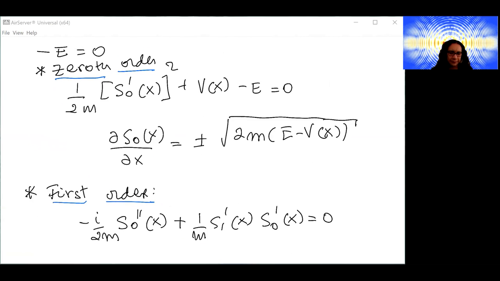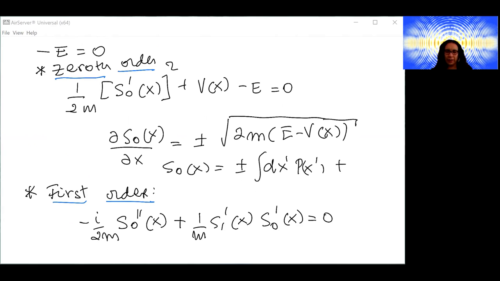And we know that this zeroth order, let me write this because I just stopped here, that you can write S0' like this, whereby this is what we call p(x).